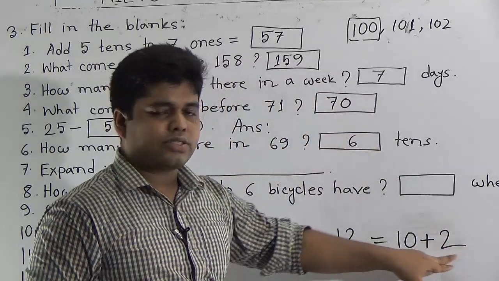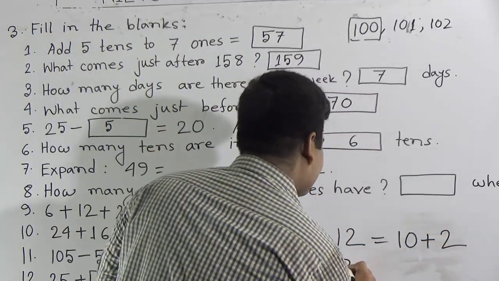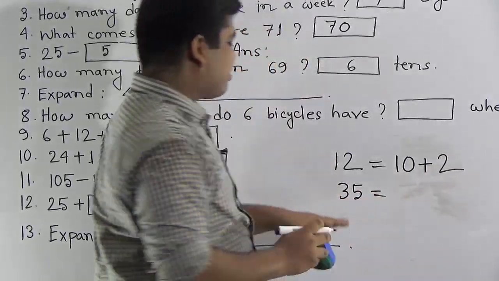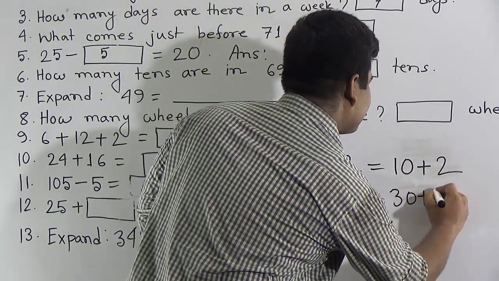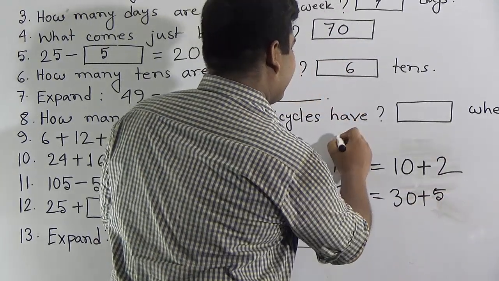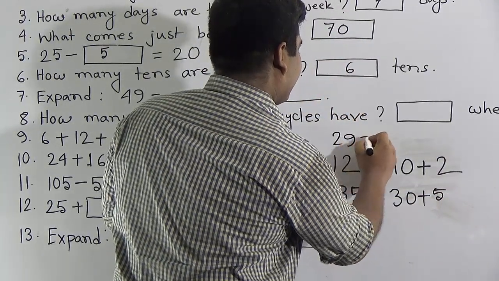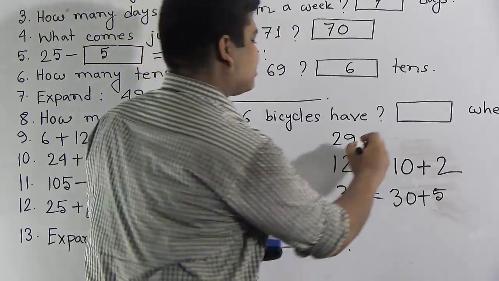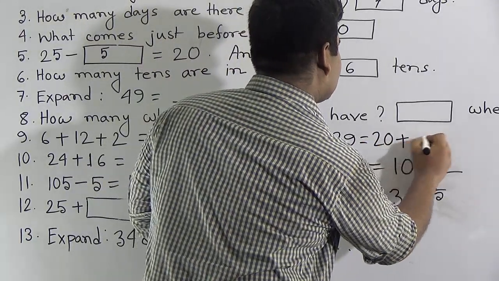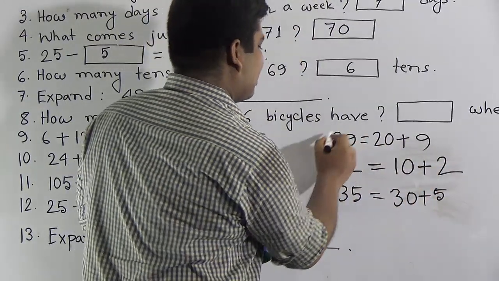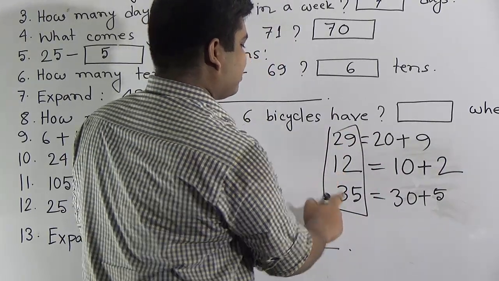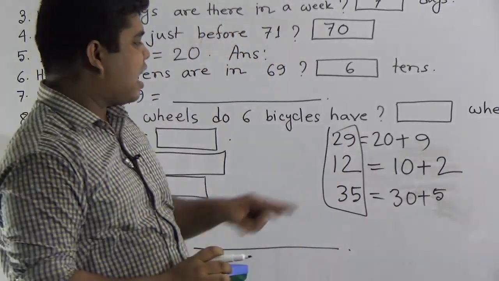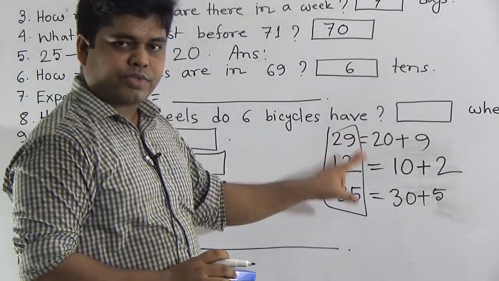If we write 35, it is 30 plus 5. If I write 29, it is 20 plus 9. This is the expanded form of 29, 12 and 35. Do you understand how to write the expanded form of a number?